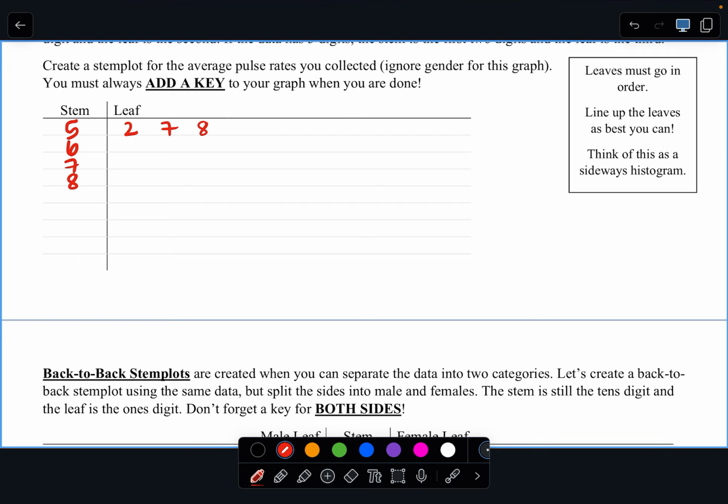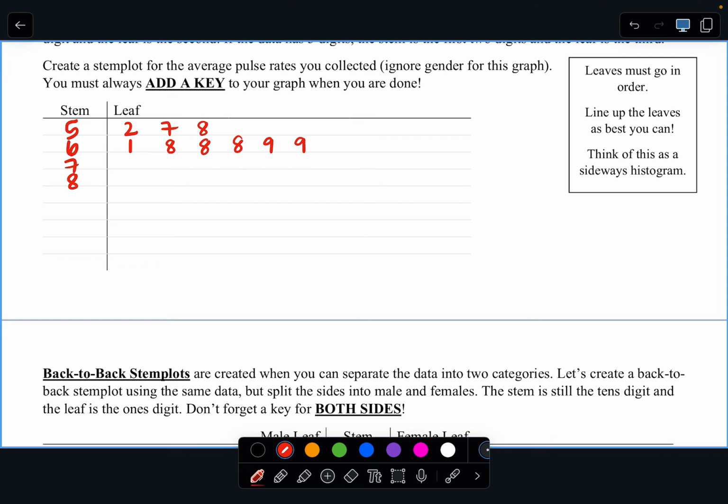And this is showing us the frequency of every single tens place. When I go to the 60s, we had a 61, a 68, and anytime you have multiples, you write them each out. I had 3 68s, so I wrote 8 3 times. And it always has to be in order from least to greatest.